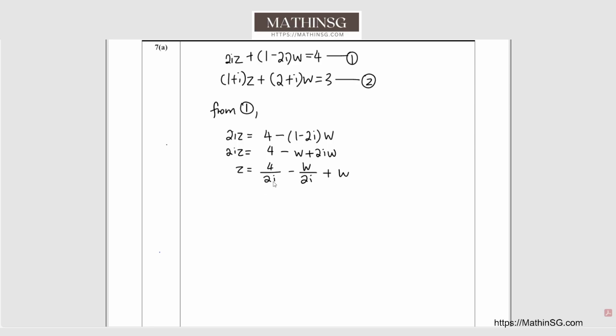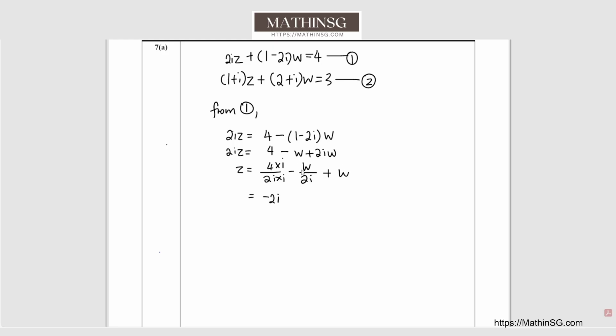I recommend using the calculator, but I'll show the working. I multiplied by 2i on both sides. So 4 over 2i, if I type it into the calculator, gives me negative 2i. Next I'll do the same for this. I'll type minus 1 over 2i into the calculator.